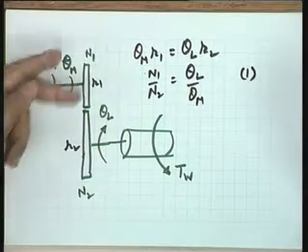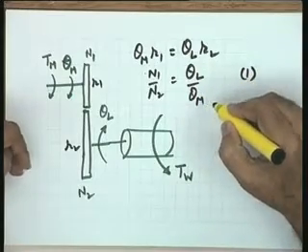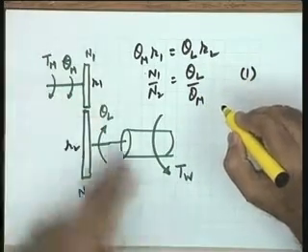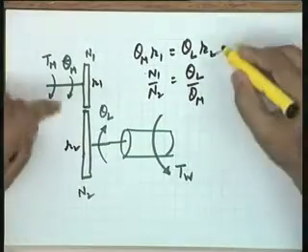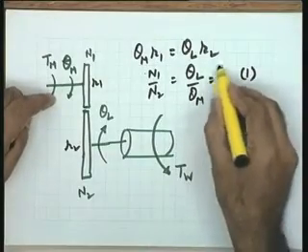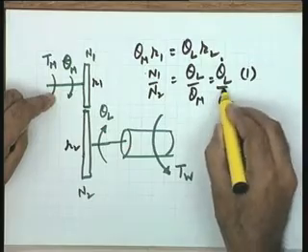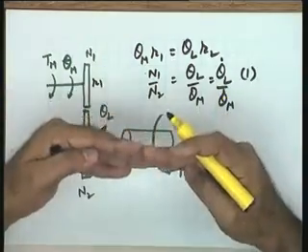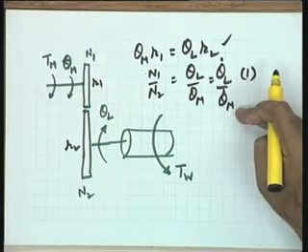N1 by N2 is the teeth ratio, and theta L by theta m is the ratio of the two positions. And you won't mind if I put it this way, that this is equal to theta L dot by theta m dot as well. That is the ratio of the two velocities, because you can take the derivative of this equation and you can arrive at this particular expression.